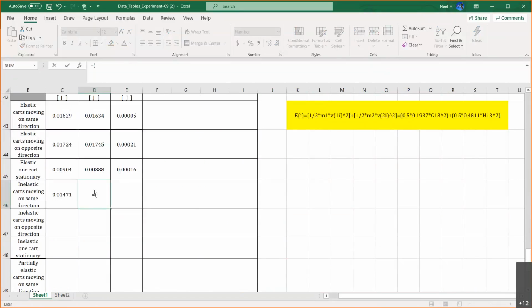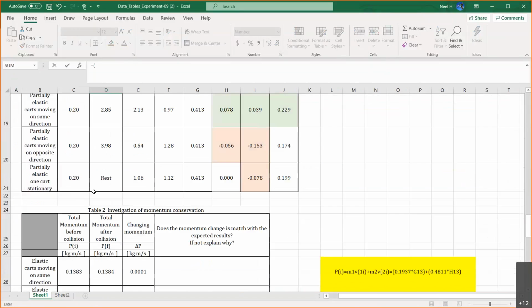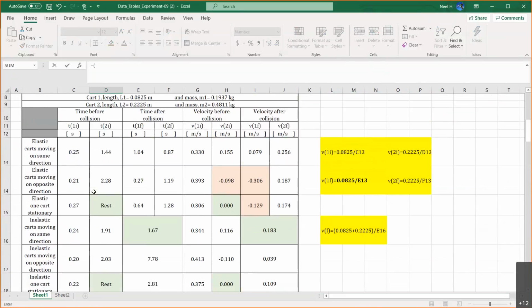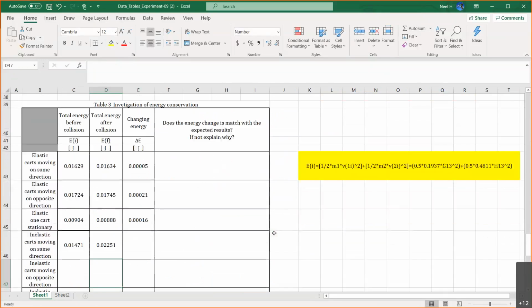Equal sign, parentheses, mass 1 plus mass 2, 0.1937 plus 0.4811, close brackets, multiplied by the velocity, cell value I16, power 2. We don't need to close brackets there because the masses are together, but the velocity is separated. We can leave it like that.